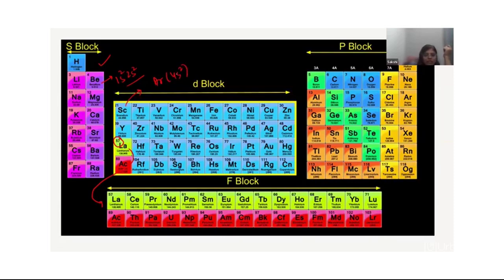Here the last electron is entering into the D subshell, that's why it is placed in the D block. And in all the P block elements, the last electron enters into the P subshell. So you can write the electronic configuration and see. In F block elements, the last electron enters into the F subshell. That is why they have been arranged in different blocks.